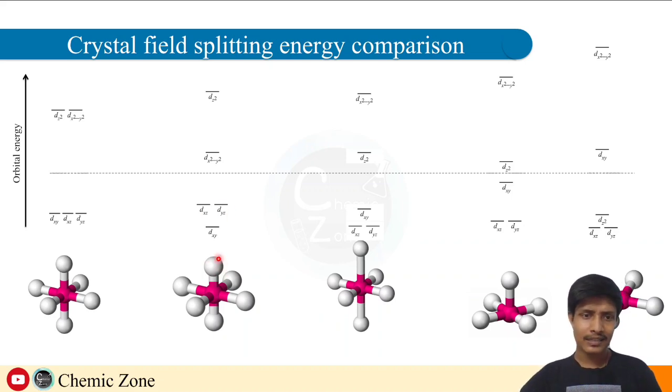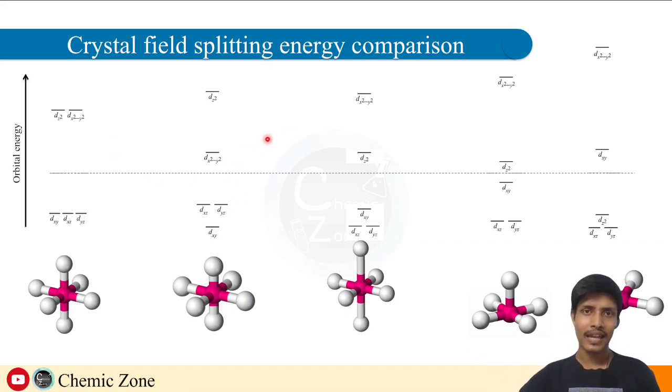As a result, the dz square orbital present in the metal will feel more repulsion because the ligands are coming close to it. So the dz square orbital will be higher in energy compared to the dx square minus y square orbital. When we push the ligands towards the metal center in the z direction, in the xy direction the ligands move outward.